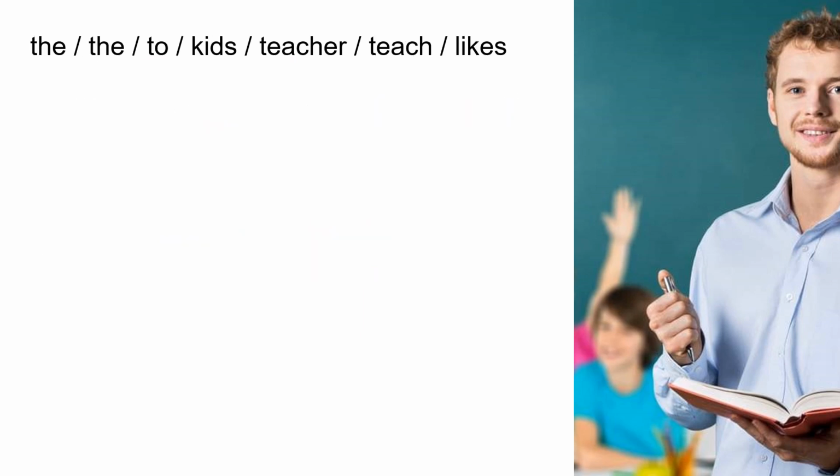The last one for today: the, two, kids, teacher, teach, likes. Okay, wow. So we have kids, teacher, but the verb is likes. So teacher is the noun. What if you want kids teach? So kids teach doesn't make sense. So teacher likes. And then we can use the to define the teacher.